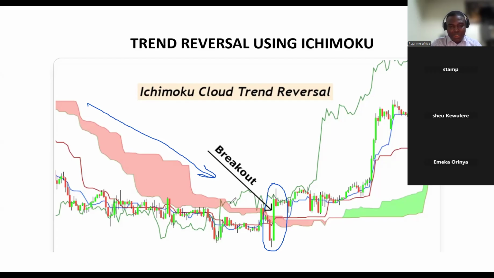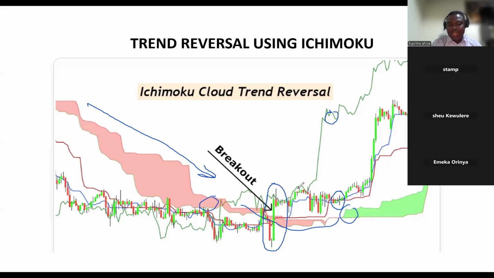The bearish cloud reversed here to bullish. You can see that the other lines here, the one I call the fast and the slow moving averages, crossed above each other, and the lagging span is above all of them.